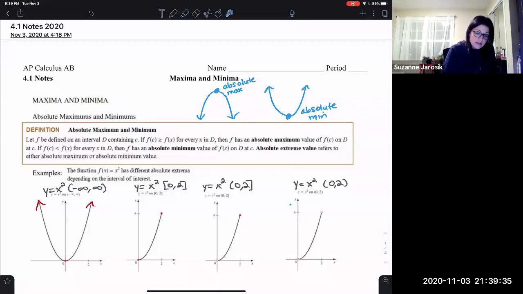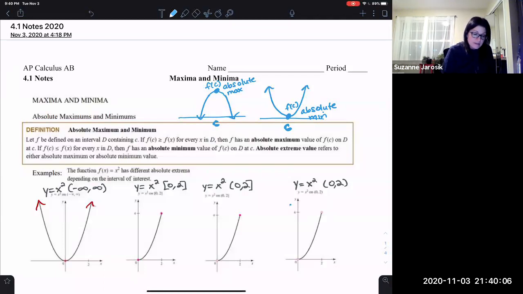Well, that means that if I drew myself a coordinate plane, this would be c, this would be f of c. It's the largest y value of all of it, okay? Same reasoning here. If I made that a pretend x-axis, and that's c, that particular f of c is the smallest y value on the entire function, okay?